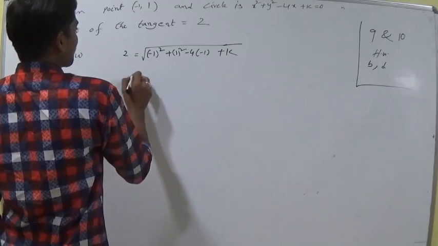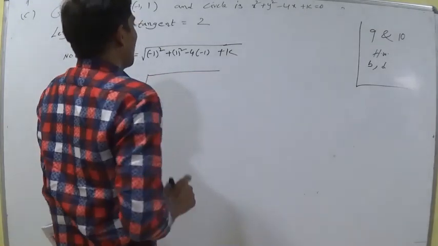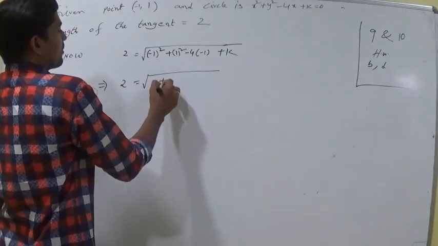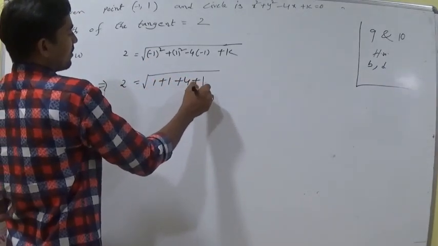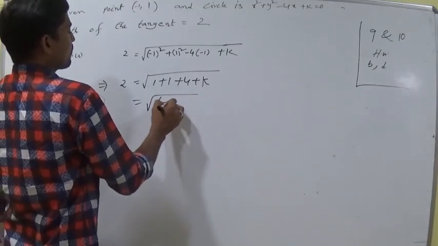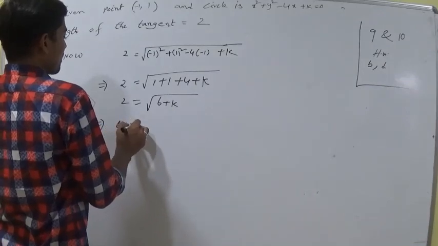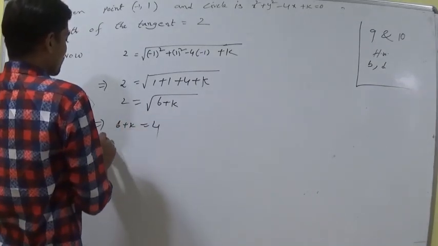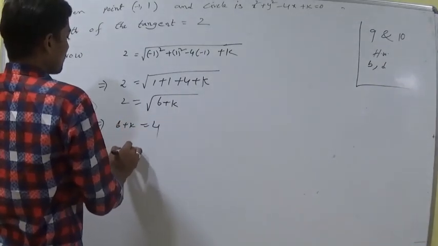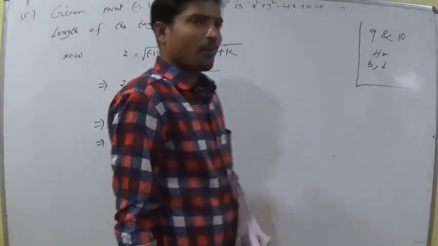That implies 2 is equal to square root of 1 plus 1 plus 4 plus k, which is root of 6 plus k is equal to 2. That implies 6 plus k is equal to 4. So k is equal to minus 2.